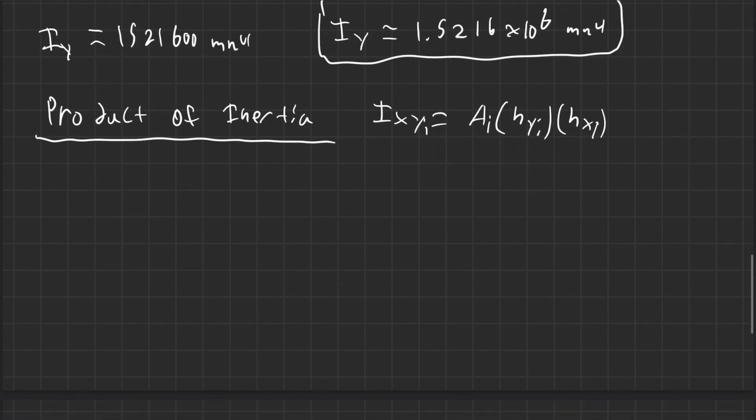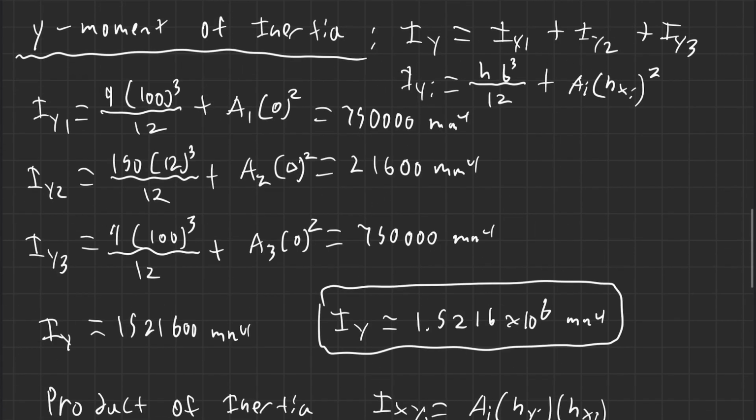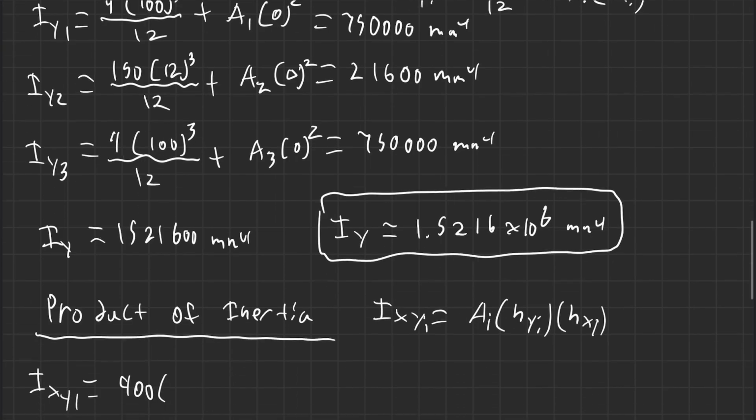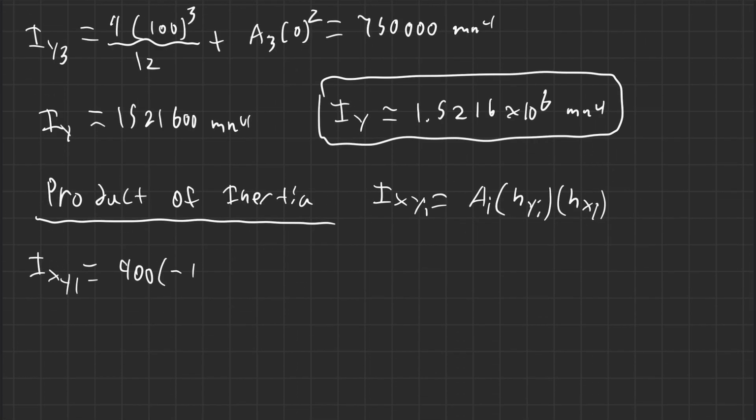Okay, so Ixy1 equals 900 times hy1, which we remember calculating as negative 79.5. And this is why you've got to keep track of the negatives, because your product of inertia can be negative, and that's okay. But we also know that all of the hx's are 0. So this equals 0.